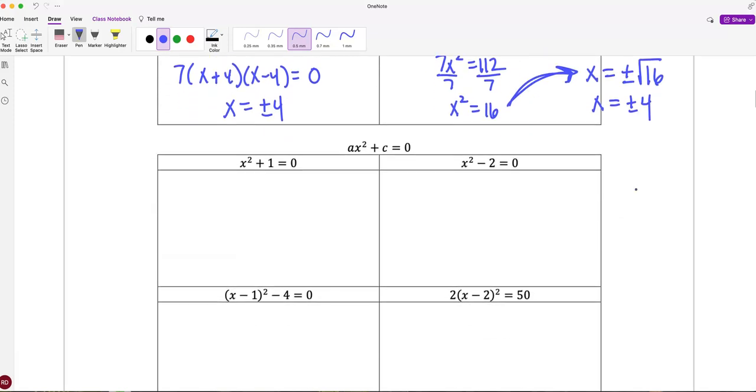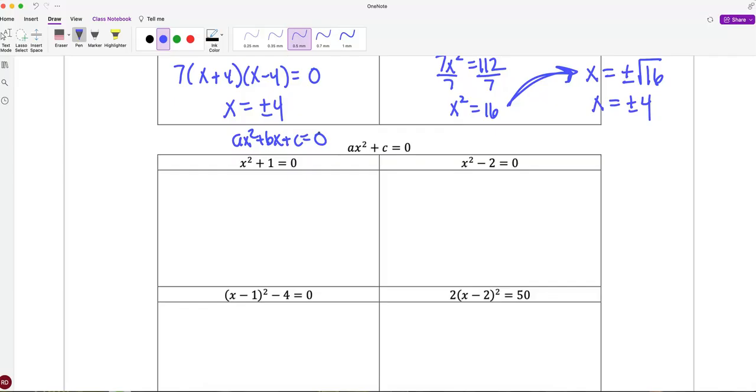So when can we solve something by square roots? So we've been looking at ax squared plus bx plus c equals 0. There's no way to isolate the x squared term here and not have another. I've got an x squared and an x term, so I can't take the square root of both sides.